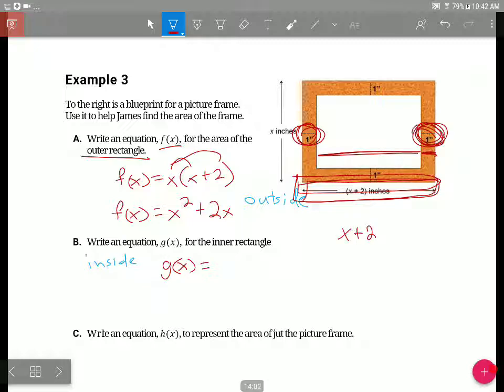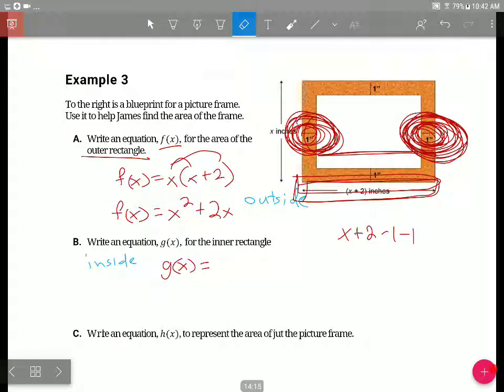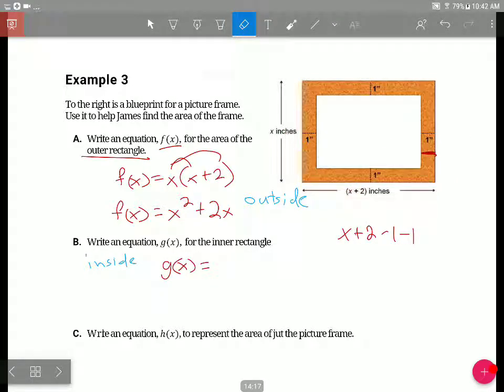How much am I taking off on the right? 1, right? So I took off 1. How much am I taking off on the left? 1. So, reduce that. What's x plus 2 minus 1 minus 1? X. So the inside width is just x. Cool? It's the x plus 2 minus those two outside pieces.